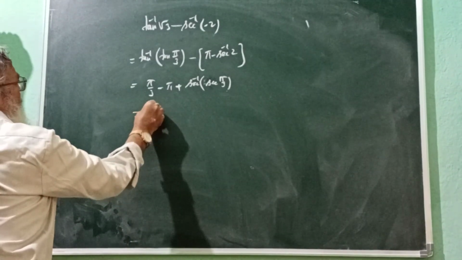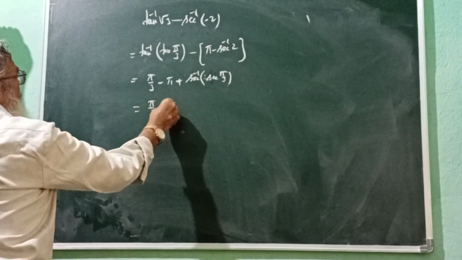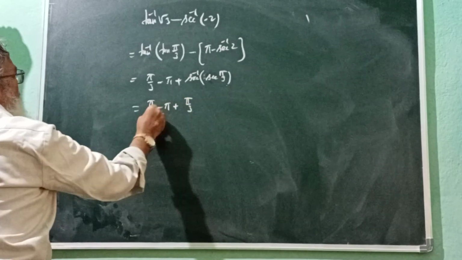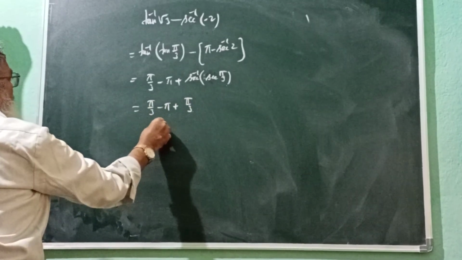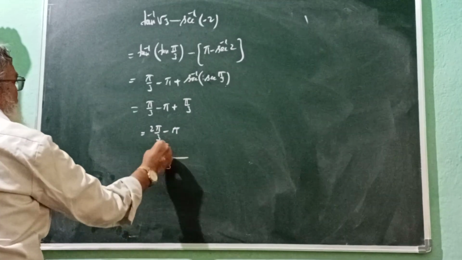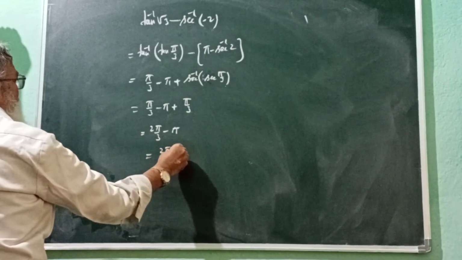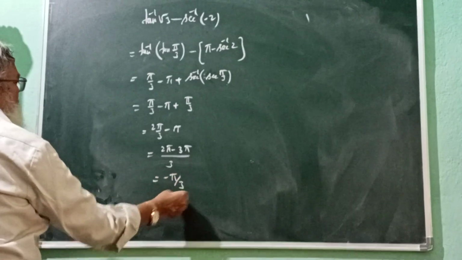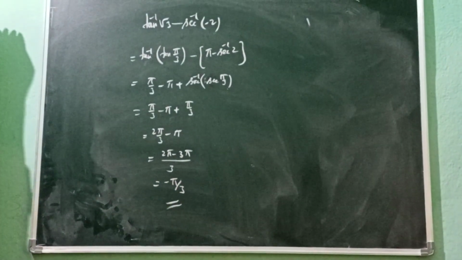That is pi by 3 minus pi. Now it gets cancelled. Again pi by 3. Pi by 3 plus pi by 3 is 2 pi by 3 minus pi. Take LCM. 3 is the LCM. 2 pi minus 3 pi. The answer is minus pi by 3. That is the required simplification of this.